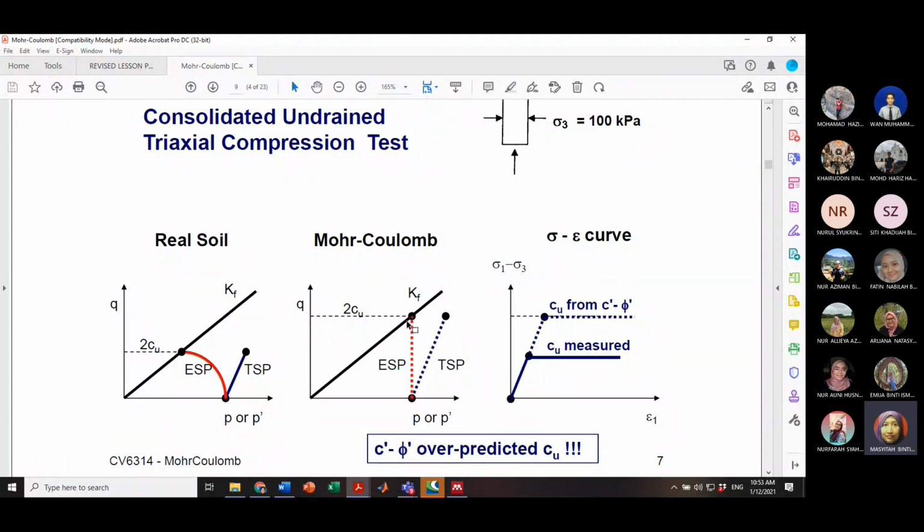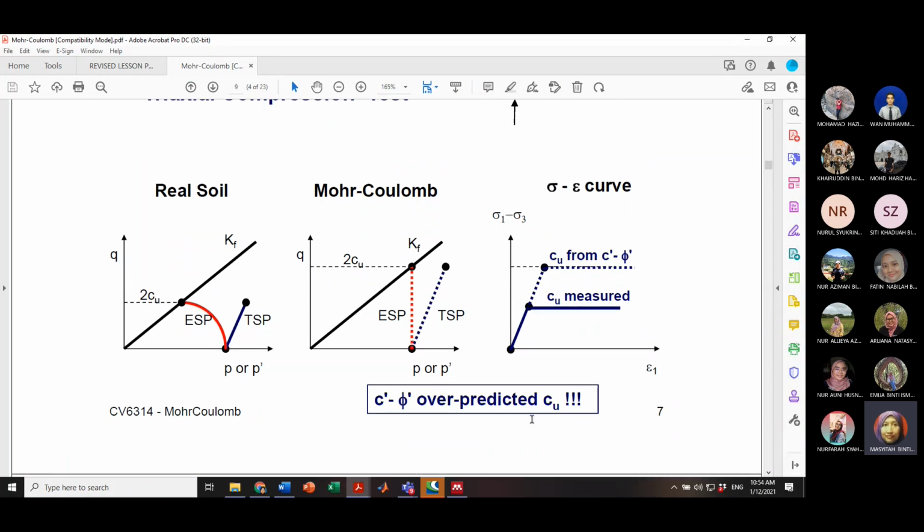When this case happens, you have to design more, an extra thing to apply. So this condition will over predict the CU value. So when you use effective c and effective phi, it over predicts the CU value. This one is measured, which you get from experiment.